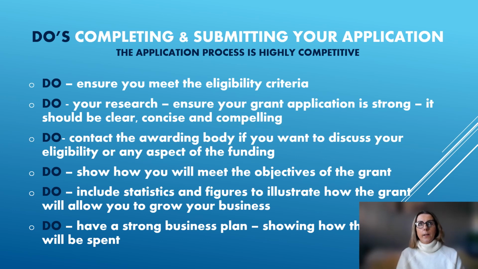If you are applying, for example, for a grant for capital equipment to grow your business, say you have a dog grooming business and at the minute you only have one bath to wash the dog, one hairdryer to dry dogs, and you want to apply for additional capital equipment, another hairdryer and another bath.